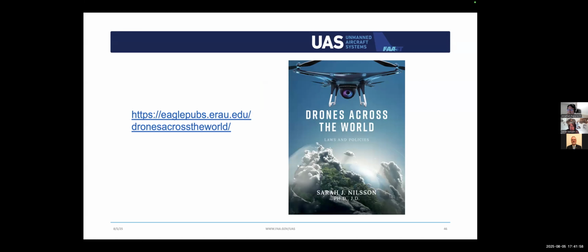So I'm assuming that if you're into the ag UAS world of Part 137, you're familiar with the State Department of Agriculture requirements for your state, as well as insurance requirements. And if not, you can use this free resource because while the FAA regulates the airspace, states and local governments regulate the land from which drones take off and land.